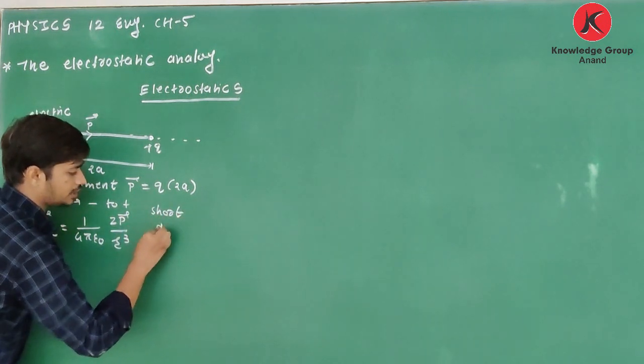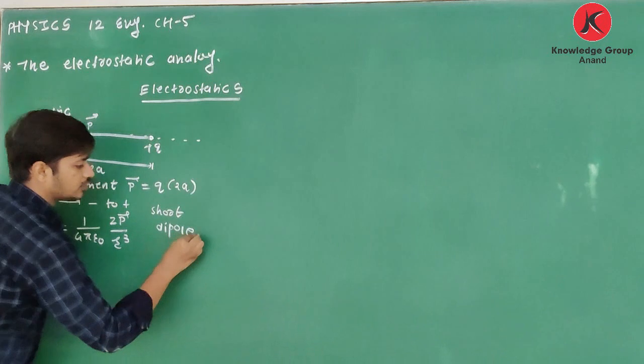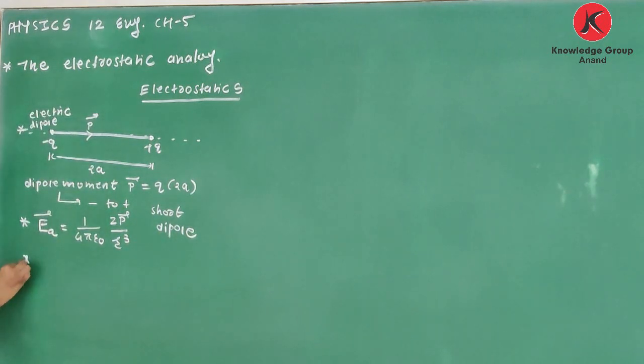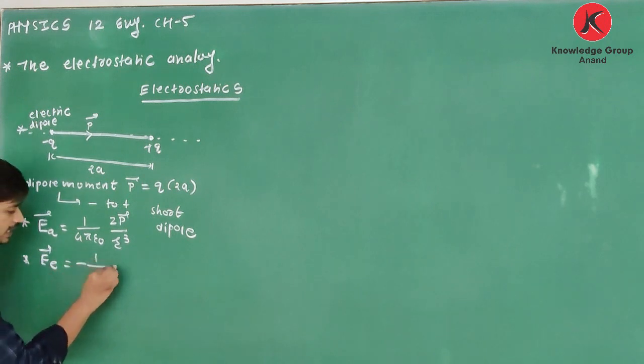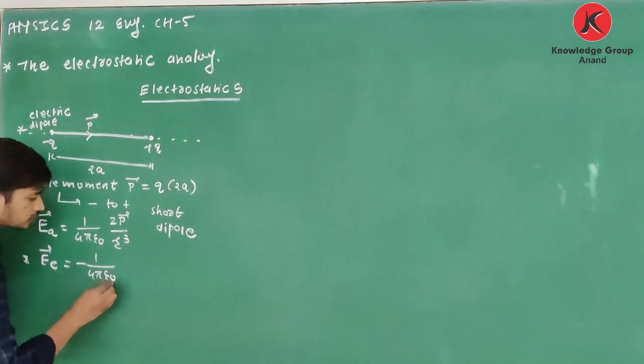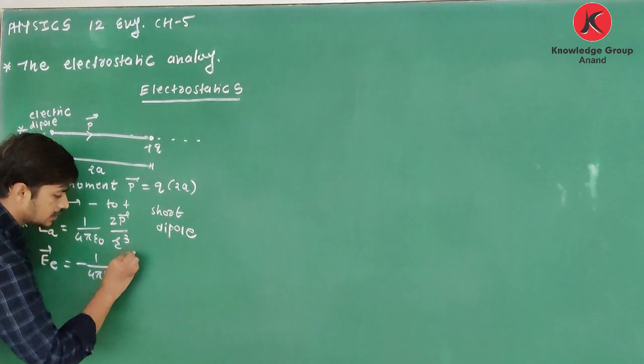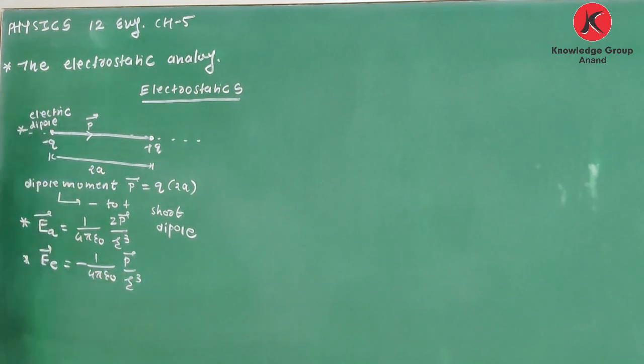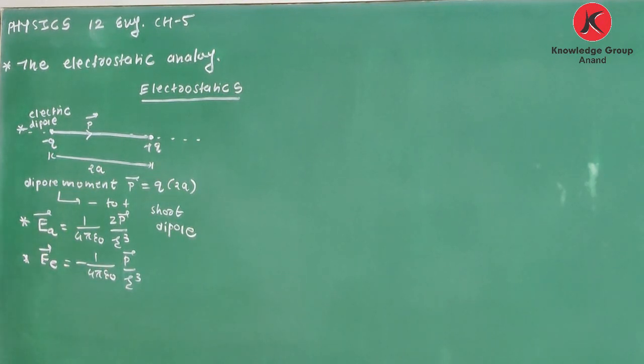Also, the electric field on the equator is minus 1 upon 4 pi epsilon 0 into p upon r cube. On the axis, the electric field is in the direction of the electric dipole moment. On the equator, the electric field is opposite to the electric dipole moment. You know this at each and every point.